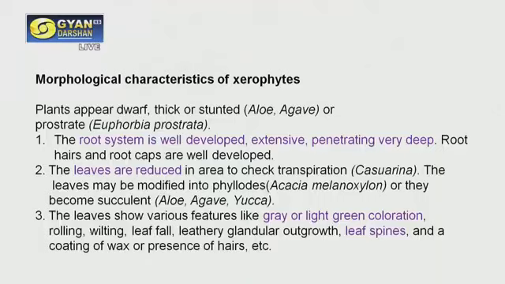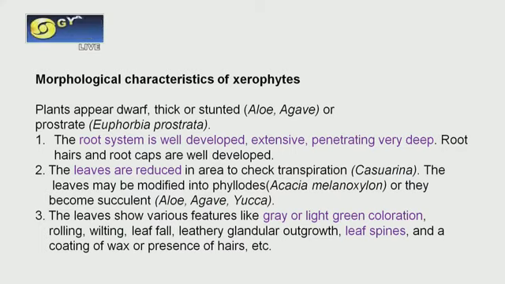Now, what are the morphological characteristics of xerophytes? The root system is very well developed because the roots have to penetrate deeper and deeper into the soil in search of water. Root hairs are present, root caps are developed. They have to check transpiration. That is why the leaves are reduced.